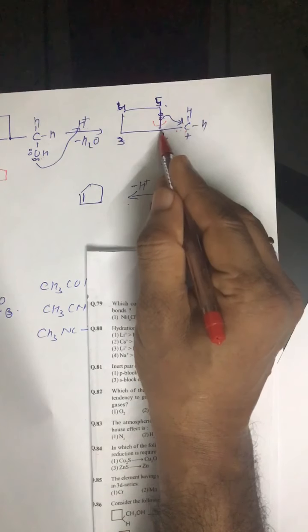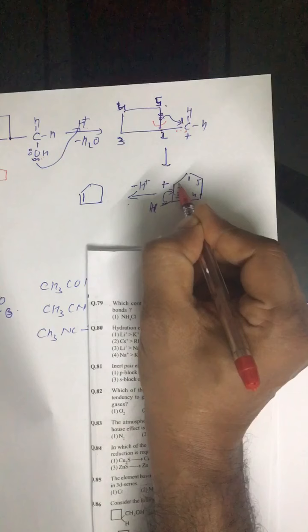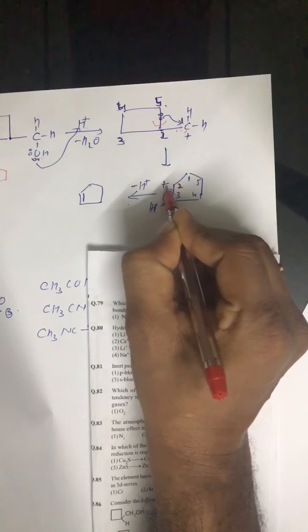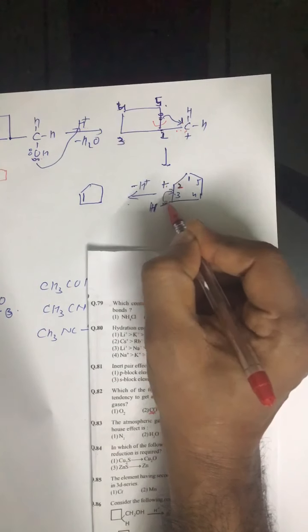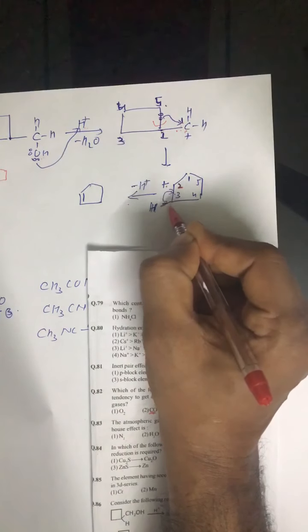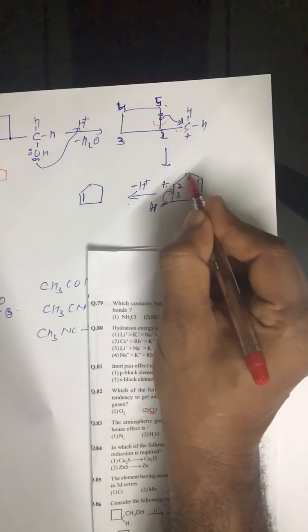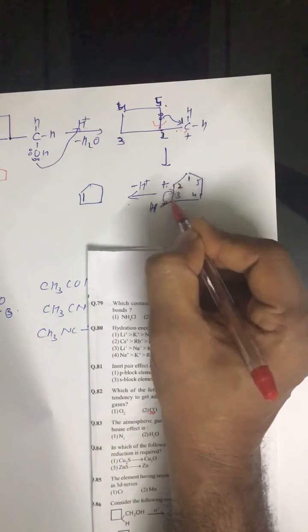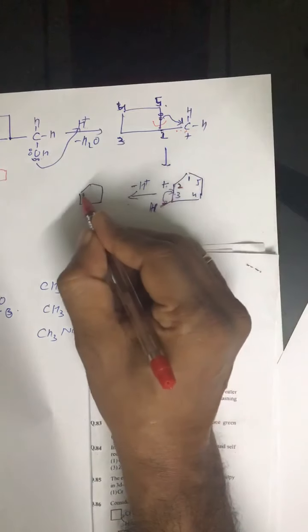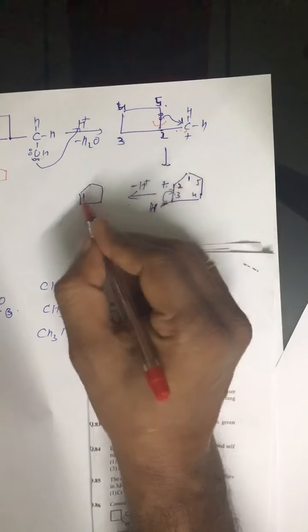Since electrons are removed from the second carbon atom, we have a positive charge on the second carbon. Then the electron pair of an adjacent carbon like C1 or C3 moves towards the C2-C3 bond, so this is converted to a double bond, and we get the final product, cyclopentene. So the correct answer is the third option.